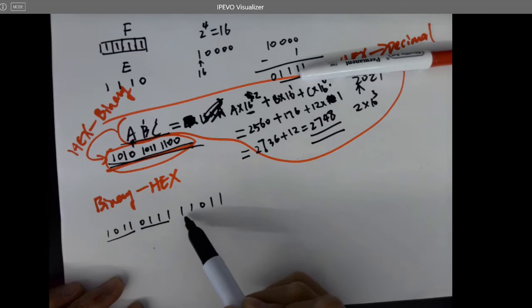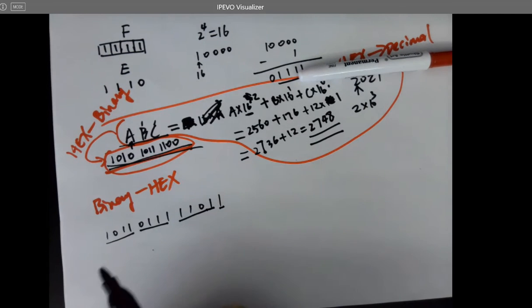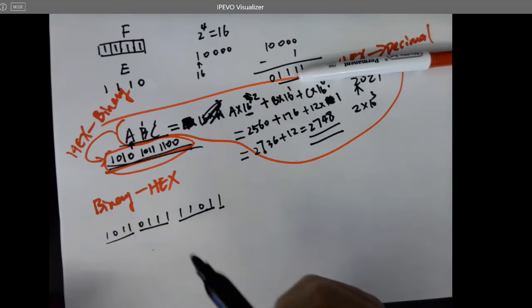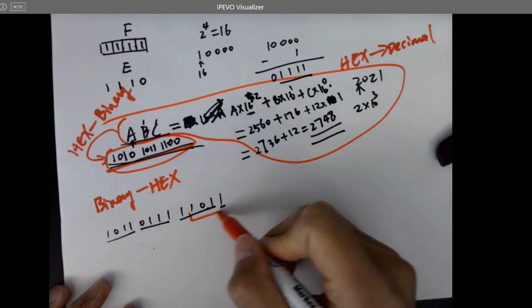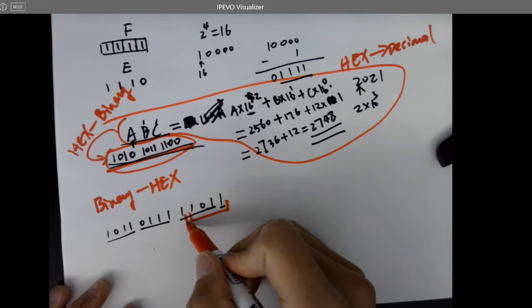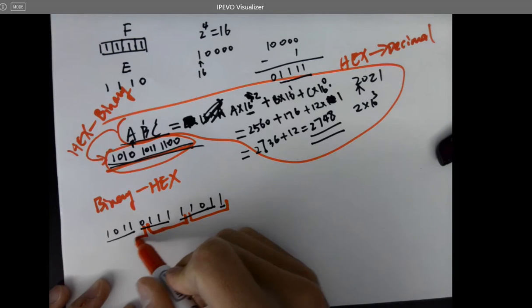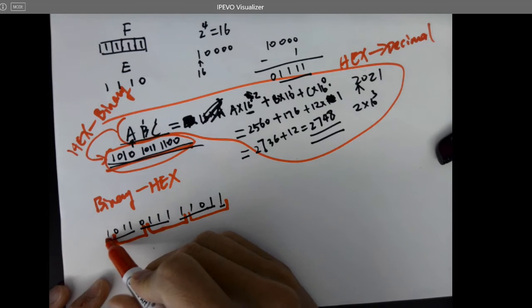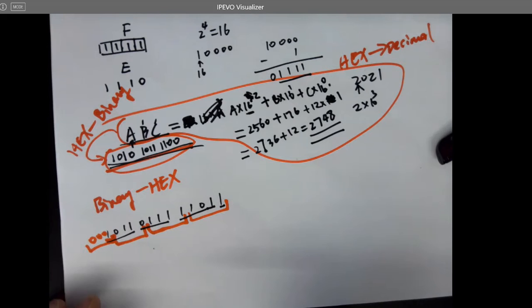4, 4, 4. Yeah, that's right. 4, 4, 4. Then 0 0 0 4, just make it up.